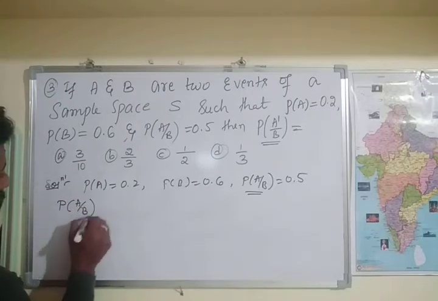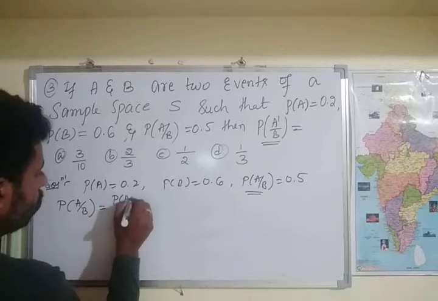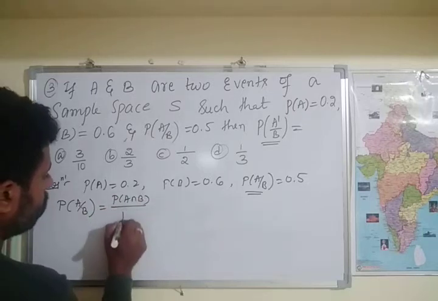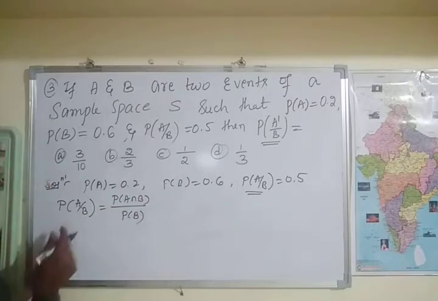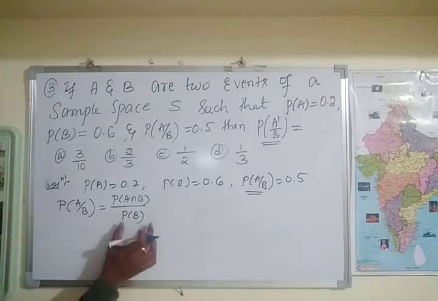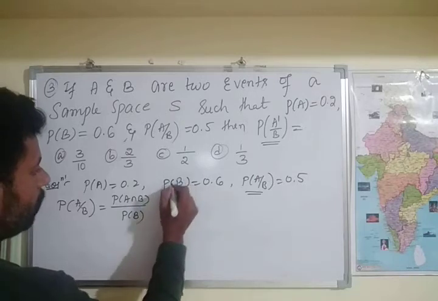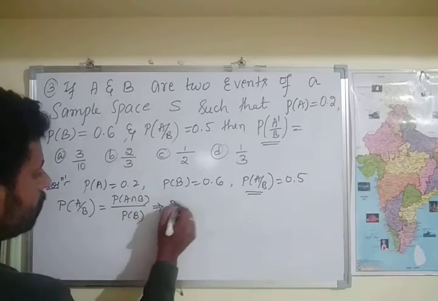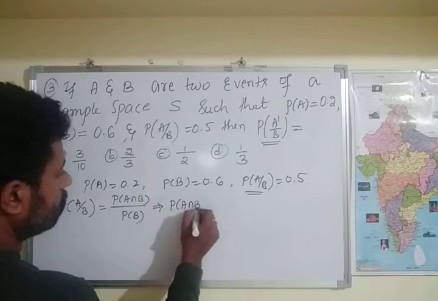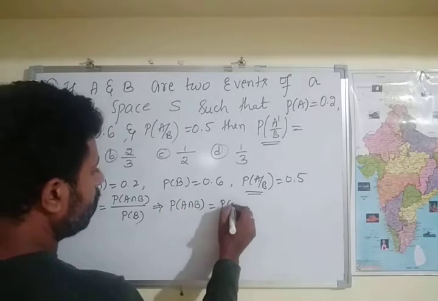We know the formula: P of A given B is equal to P of A intersection B divided by P of B. This can also be written as P of A intersection B is equal to P of B into P of A given B.